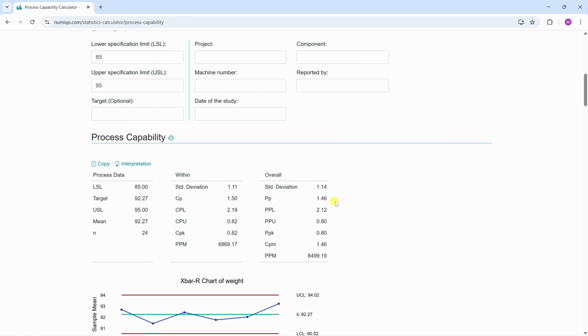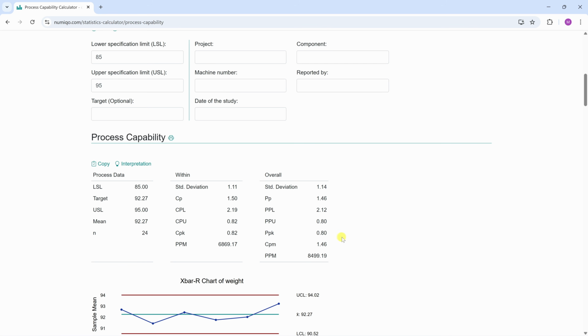A PP of 1.46 indicates that the long-term potential capability is good. PP measures the process potential capability based on long-term variation only. It ignores centering.